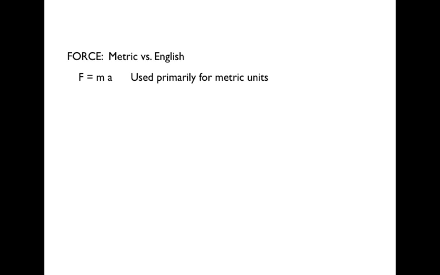The English unit for mass is slugs. It's kind of obsolete, it's not really used. So when we're talking about mass, that's really in the metric system, kilograms or grams, and that's where we use F equals ma.